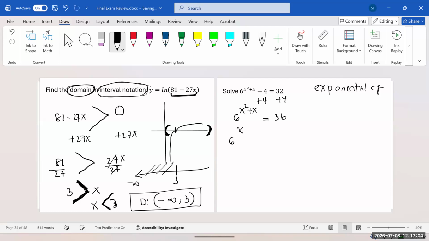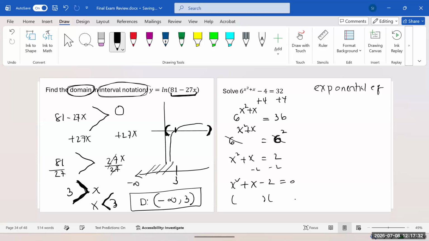Good. We want to rewrite 36 using the base 6. So we get 6 squared. And anytime you have the same base, you cancel them, and you keep the powers equal to one another. You subtract 2, so you get x squared plus x minus 2 equals 0.